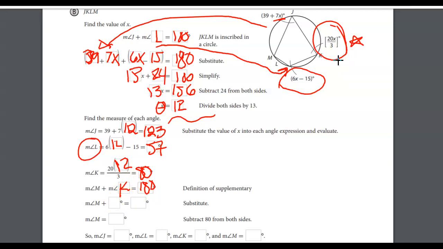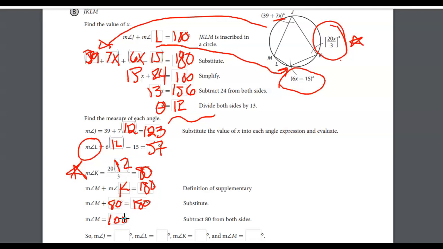K was right here. So measurement M plus measurement K, which is 80 degrees, will add up to 180. I'm just going to do some subtraction: 180 minus 80 gives me 100.